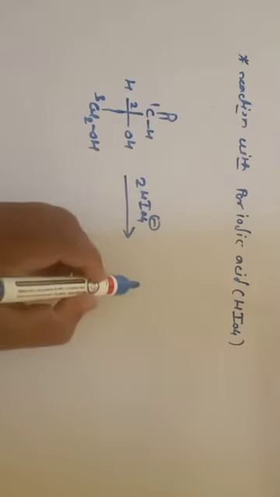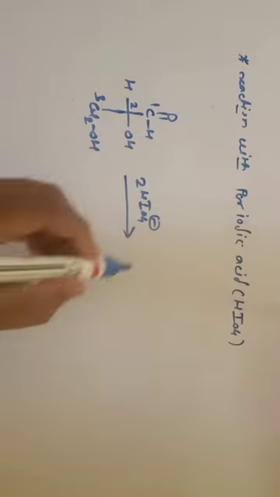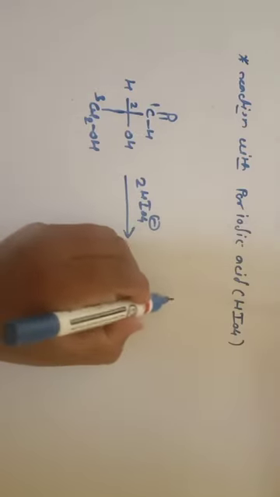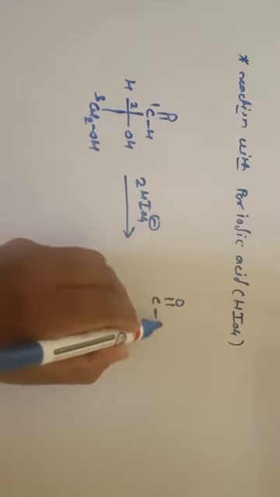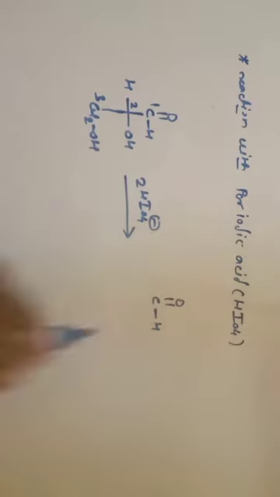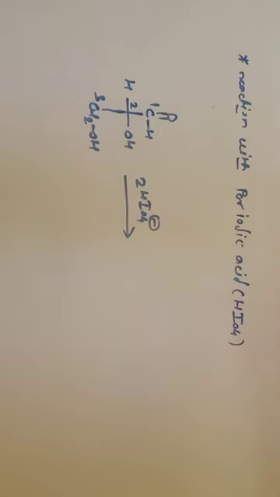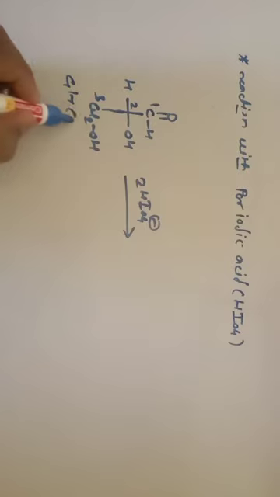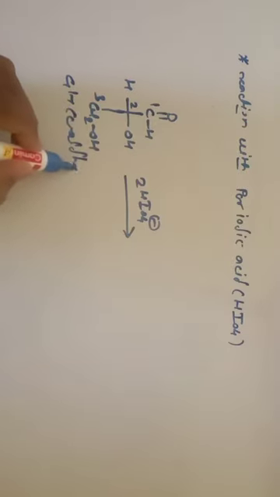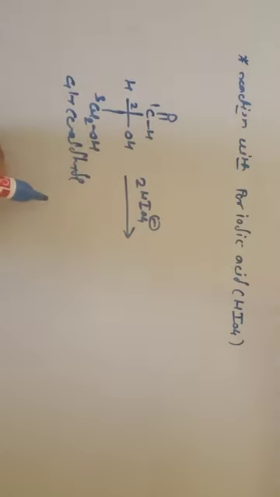So what you get after cleavage in the presence of periodic acid, here we get C double bond O-H. So let us see the reaction of this glyceraldehyde on cleavage.